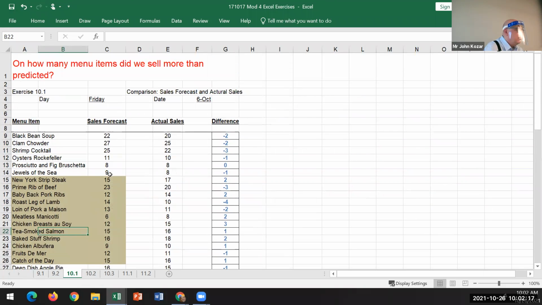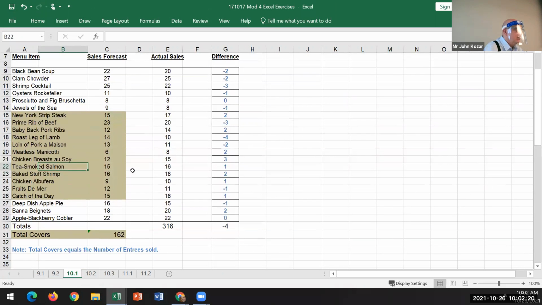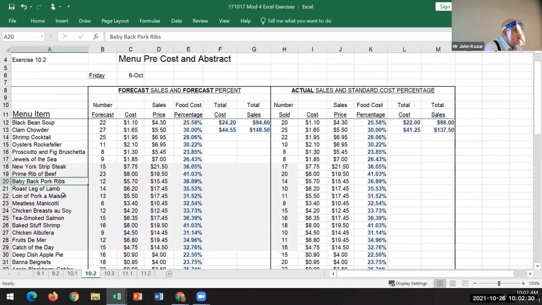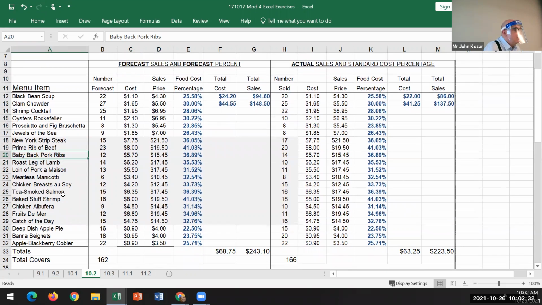This is just a matter of counting. $10.2. So our total cost, this is just like a menu engineering worksheet.